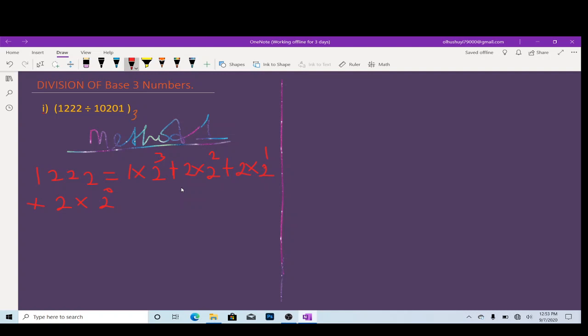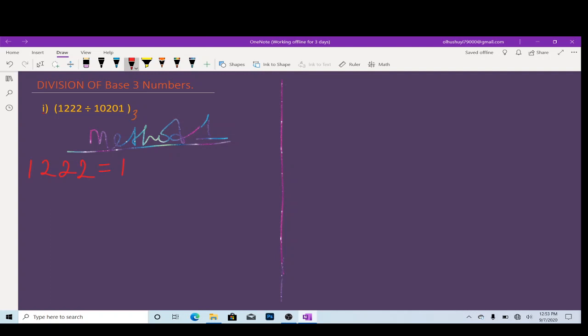Oh, there is already an error. We're seeing the error. Our base is base 3, so we should not be multiplying by 2, we should multiply by 3. I hope you saw that. So we have 1, 2, 2, 2.